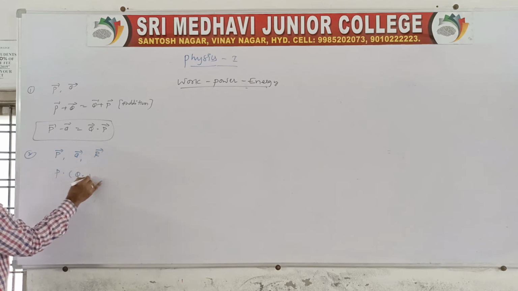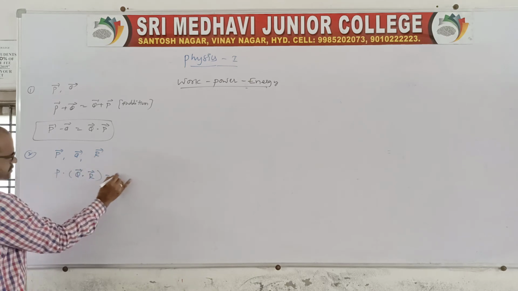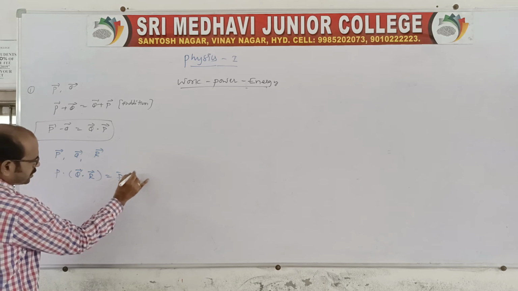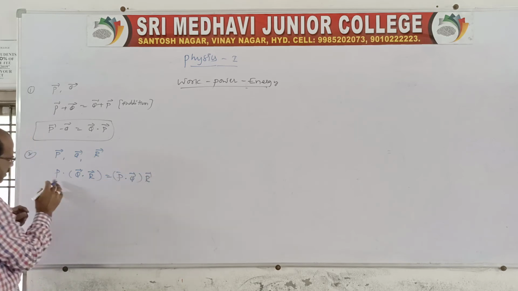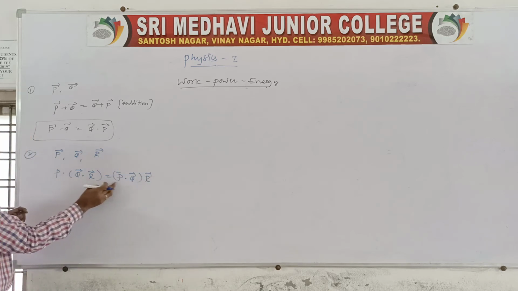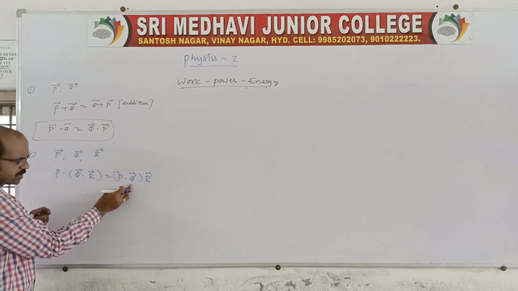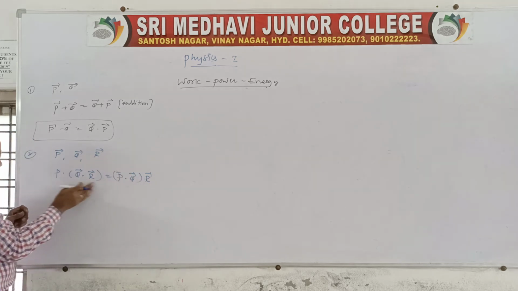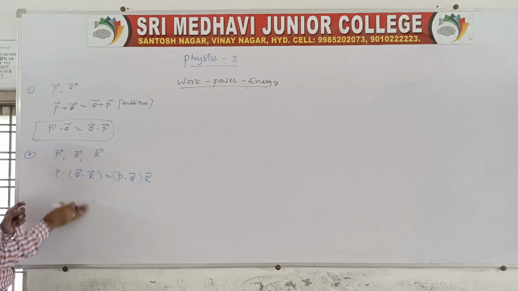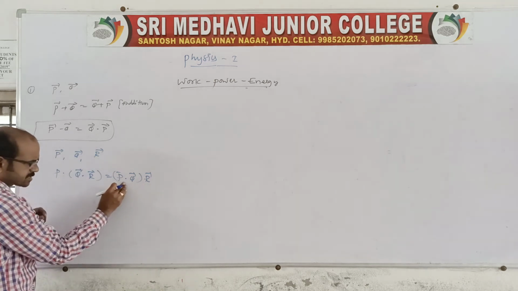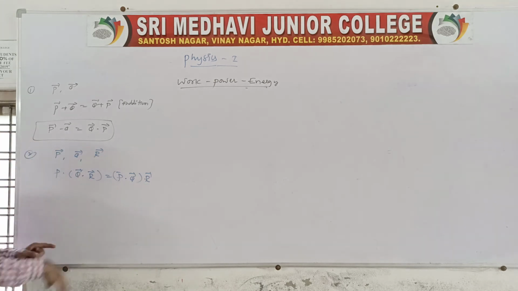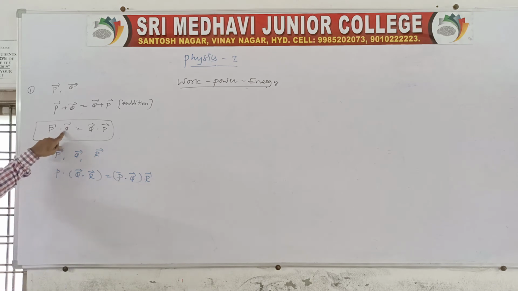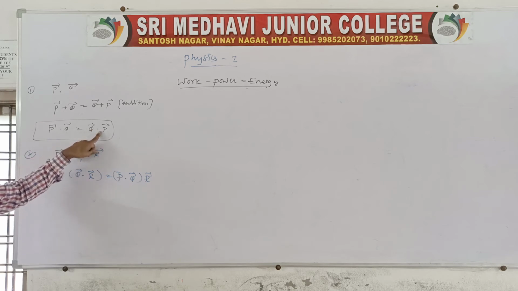P dot Q dot R is equal to P dot Q within the bracket, R. Here P dot within the bracket Q dot R is equal to P dot Q dot R. Suppose you multiply this, you will get one answer. Of course, you multiply this, we will get one answer. These two answers are equal. Here also same, P dot Q is equal to Q dot P. If you take a multiplication, you will get one answer, which is equal to this answer.